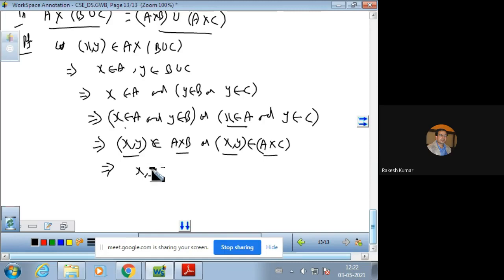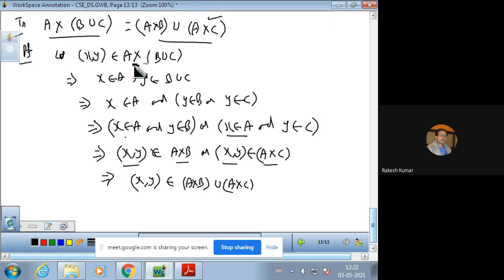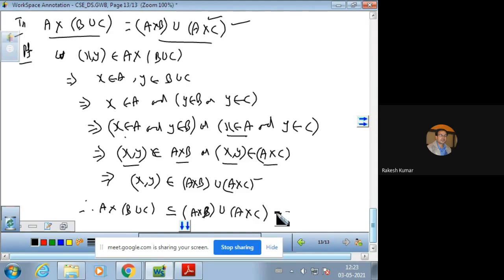So this will give you xy belongs to A cross B union A cross C. So xy has been taken in this left hand side set and has been proved in this right hand side set. So it gives that A cross B union C is a subset of A cross B union A cross C. Name it as equation number 1.